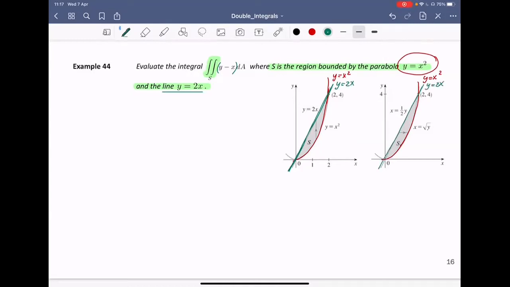So once you get the picture, you have to decide if the region is best treated by drawing a vertical line or a horizontal line. Let's see the first picture that I have. Let's say I use the vertical line.